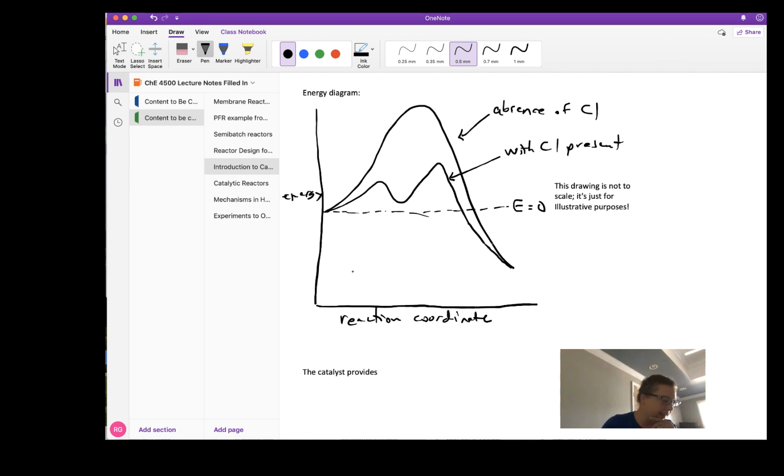You'll notice that the catalyst is changing the kinetic pathway. It's changing the route from reactants to products, but it's not changing the thermodynamics. So the reaction energy, or the heat of reaction, is a state function. So it doesn't matter how we get from reactants to products, that energy is the same regardless.